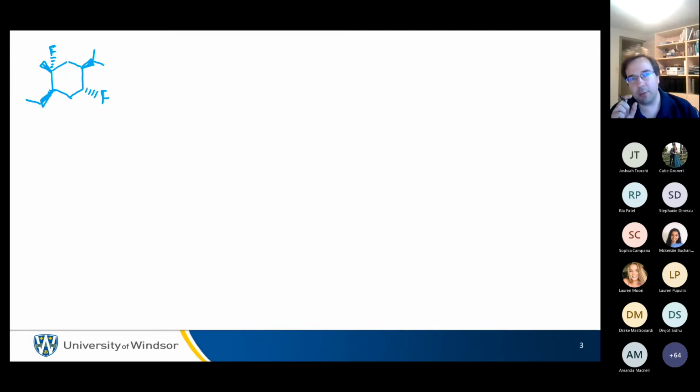Let's draw this in the most stable chair conformation, and then also draw the Newman projection of that chair conformation, looking down this bond and this bond. The double Newman projection. So draw me the most stable chair, draw me the double Newman.